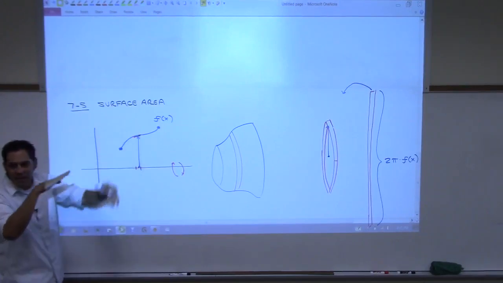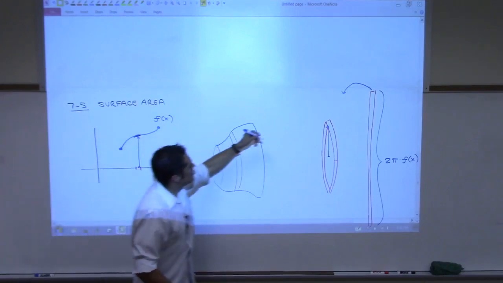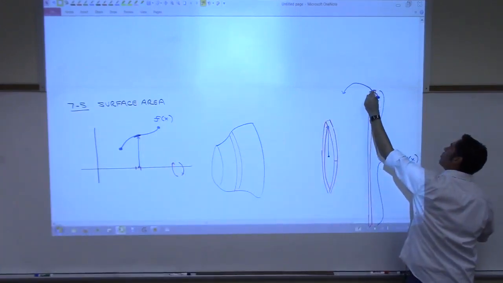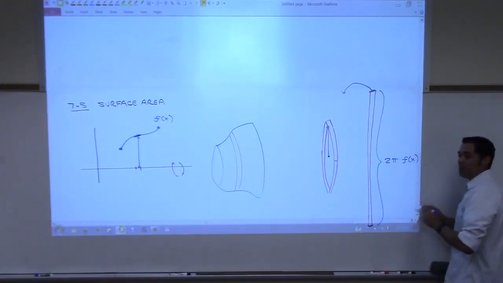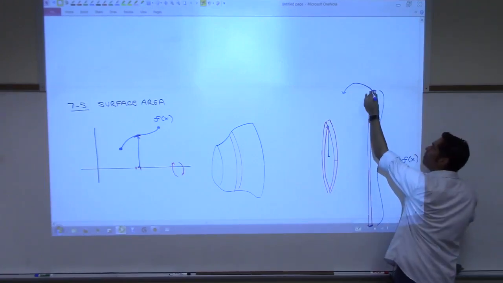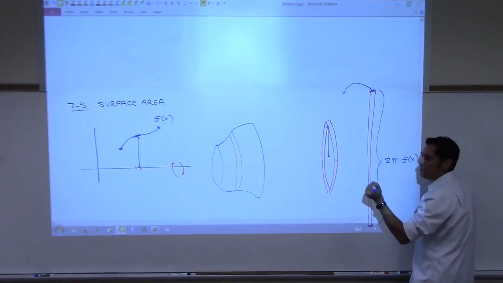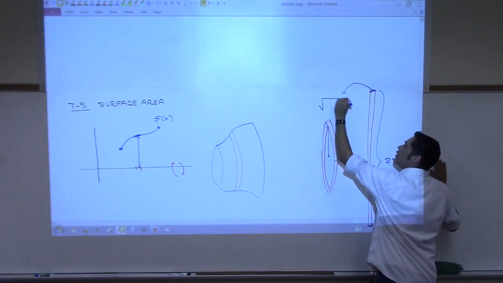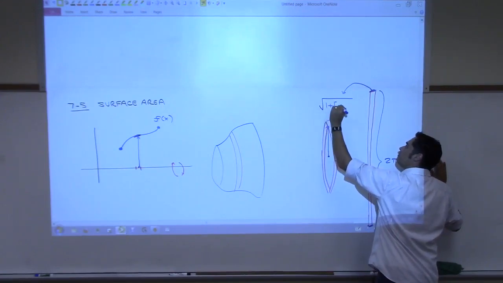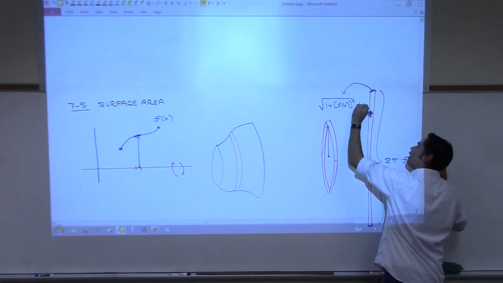It's actually the length of that little arc piece, because this may be curved here, so there's a little bit of curvature to the top of that. We need to account for that. So that little slice right there is actually the arc length. And the formula for the arc length, we just derived it. It was this: the square root of 1 plus the function's derivative squared, dx.